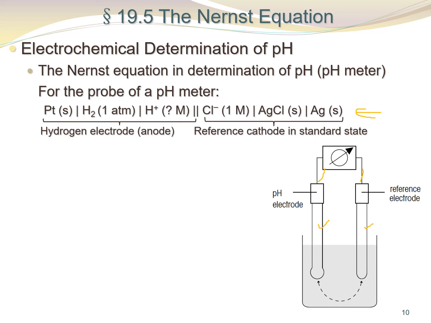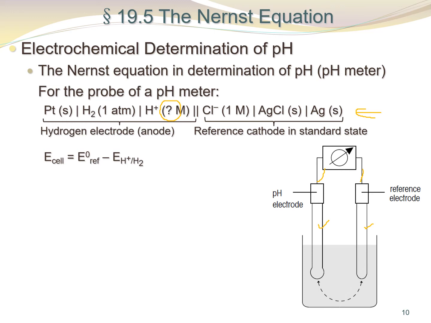According to this setup, our goal here is to figure out what equation we can use to replace that question mark, which is the concentration of hydronium or proton. And of course, we can get a pH. Once I have a pH, then we know what the concentration of proton is. Since this is a cell, the potential of this cell equals the potential of the reference at the standard state.